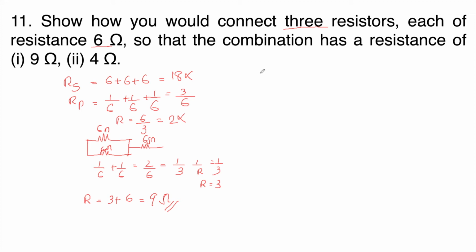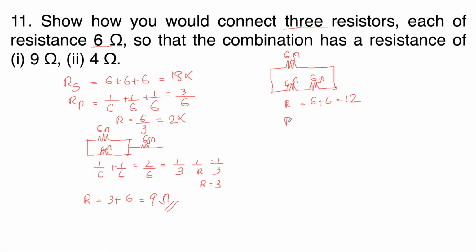So we can check like this: 2 resistances in series, and 1 resistance in parallel with that, 6 ohm, 6 ohm. If we connect like this, what is the equivalent resistance of the series connection? That will be 6 plus 6, 12. Again this 12 is in parallel with this 6 ohm.